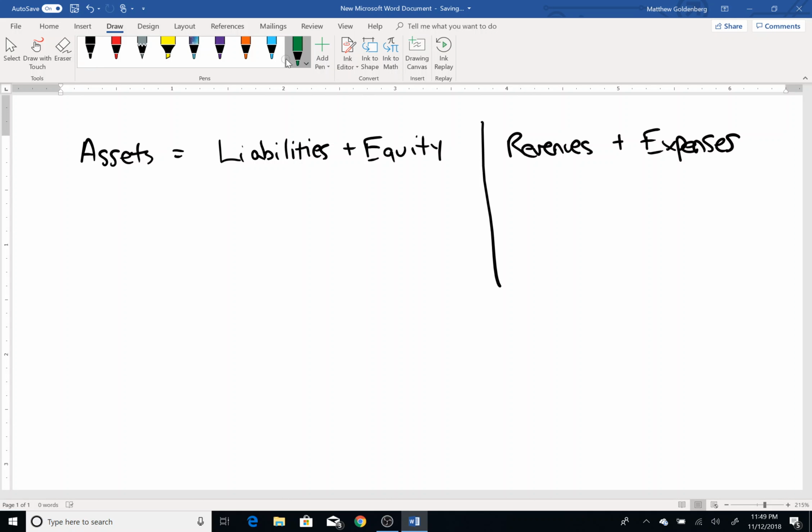So remember, we said that this part is the balance sheet. This next part is the income statement.